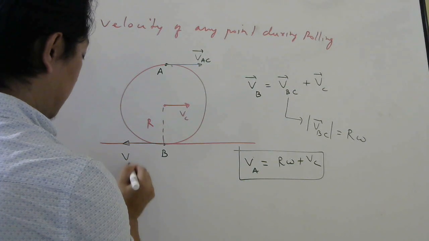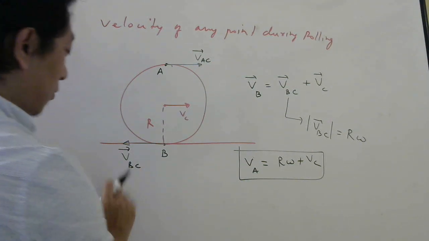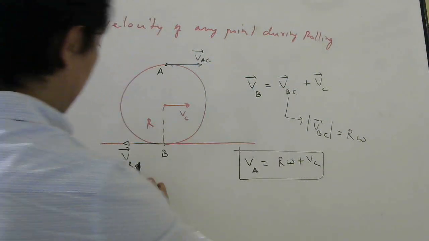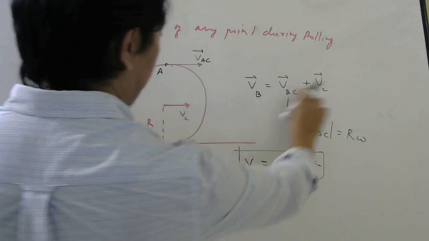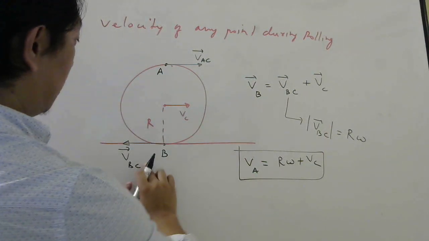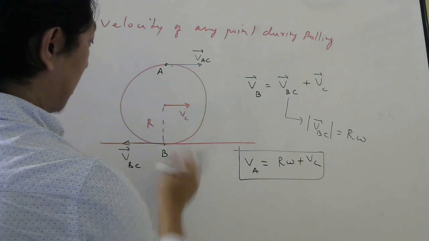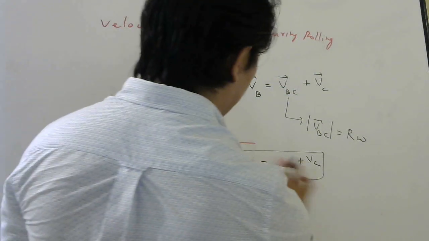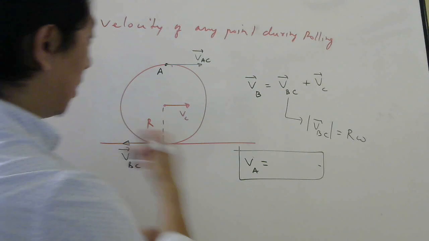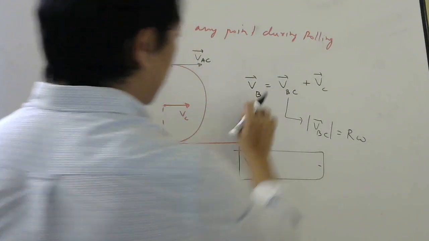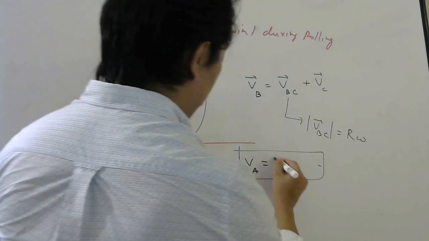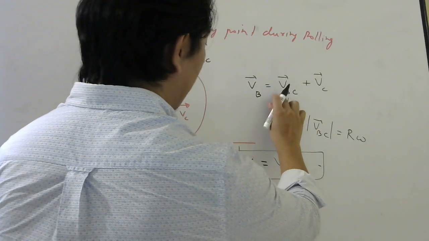So this is V_BC. Now you have to add this vector with this vector, right? So they are in what direction? Opposite direction. So this can be more than this, or this can be less than this. Let us assume right now this is more. Then how will you write it? If these two are opposite, how do you add? You have to actually subtract. So it will be V_cm minus this magnitude, which is r omega.